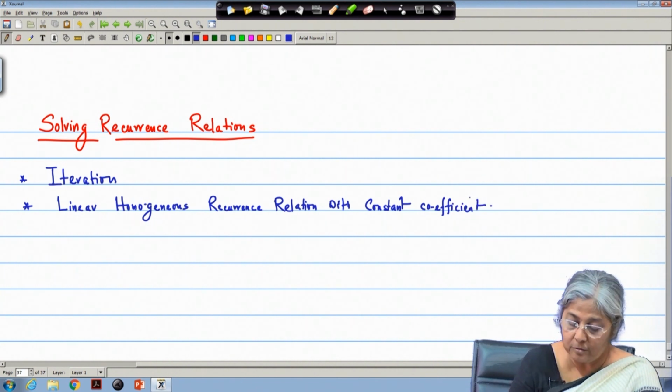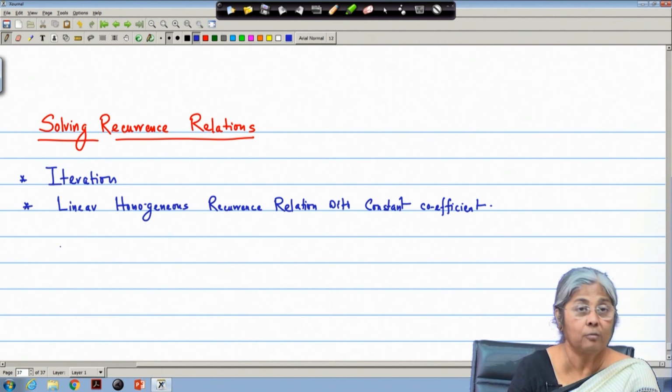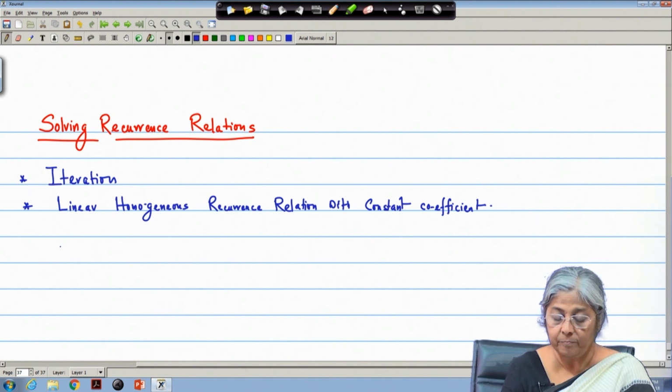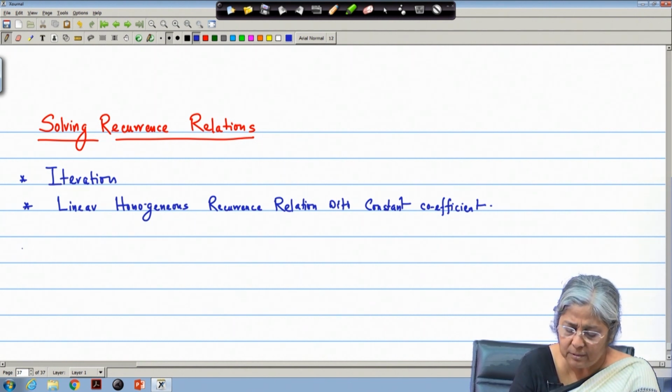Okay. So, first we see how we can apply the iteration to solve recurrence relations.